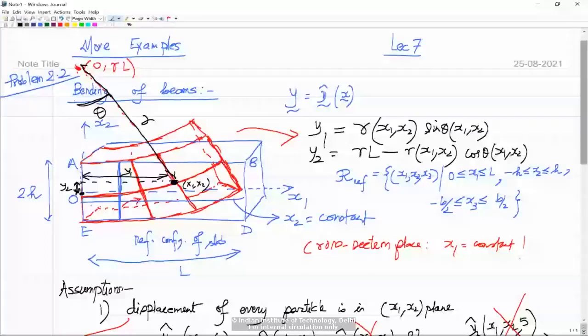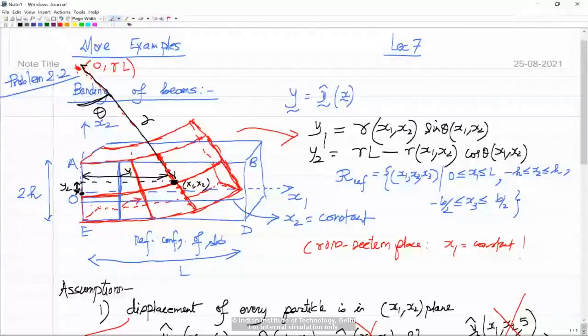For example, think of the theta. Should this theta depend on both x1 and x2? So what you see here is that, think of all these points. Shouldn't they all have the same theta? Because they are on that straight line, no?